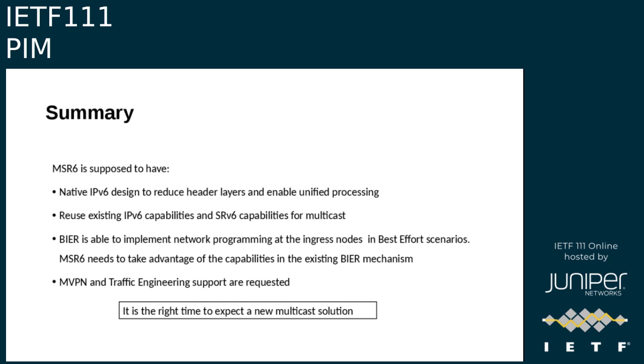The first one is a native IPv6 design to reduce the header layers, and the second one is to reuse the existing IPv6 and SRv6 capability, and the third one is BIER may be a good multicast mechanism, and the fourth is that OAM and traffic management, traffic engineering should be required.